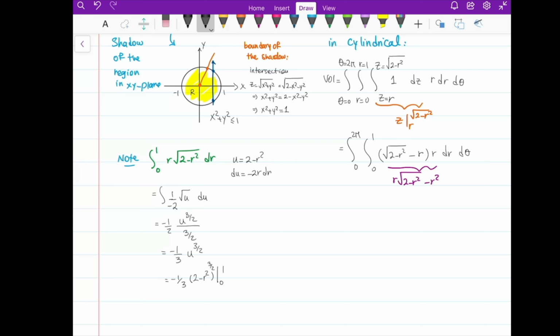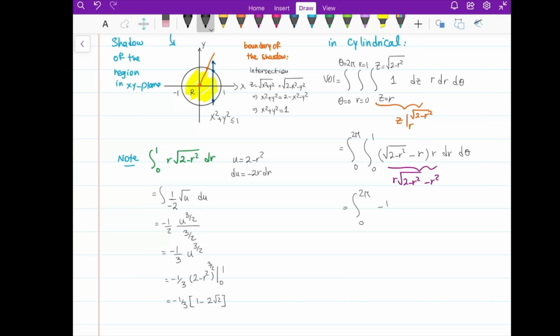From 0 to 1. Plug in 1, I get a 1. So negative 1/3, I get a 1 minus, plug in the 0, I get 2 root 2. Okay, so I calculated this integral. So let me write the first integral, 0 to 2 pi in here, and then 0 to 1 of the square root.